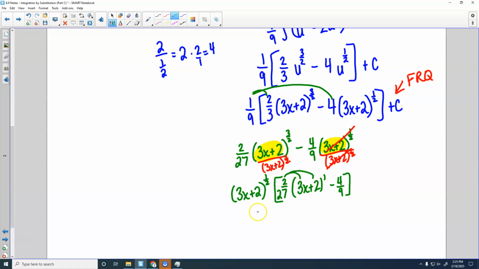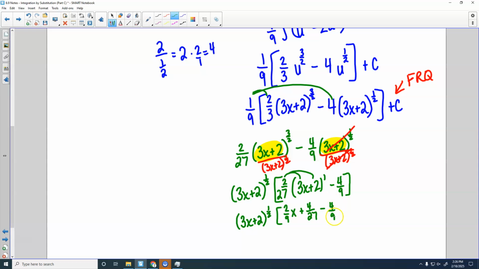Here we could distribute, and we would get (3x plus 2)^(1/2) times... this is going to be 6/27, but that would reduce to 2/9 x plus 4/27 minus 4/9.